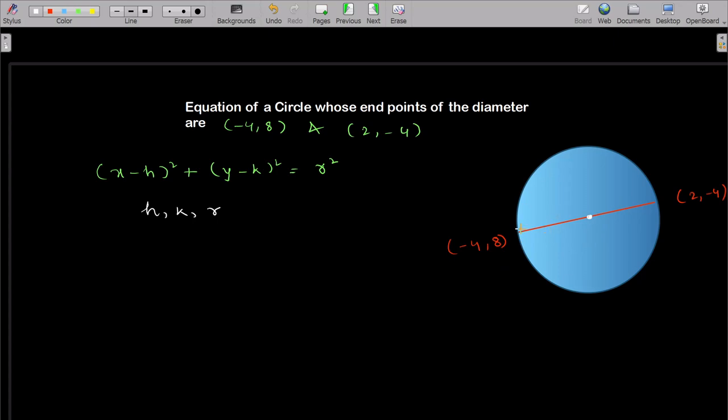So as you said, we'll first add the x values. That will be negative 4 plus 2 divided by 2, and that will give you the x coordinate of the center. And for k, we will add the y values, 8 plus negative 4, and divide by 2. That will give us the y coordinate of the center. So can you tell me these values?